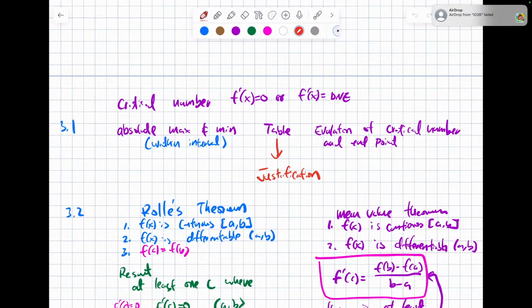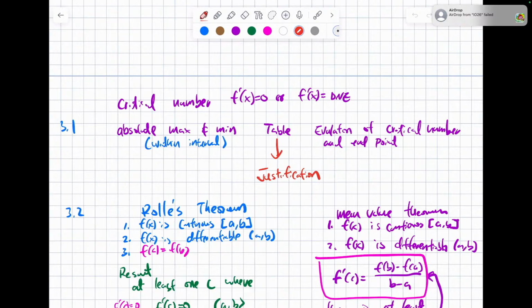The mean value theorem is the most commonly tested. On every single AP exam they always test the mean value theorem, and every competition they test it too. This is one of the things that's a must: MVT. f of x is continuous on [a, b], and f of x is differentiable on (a, b), with a parenthesis.